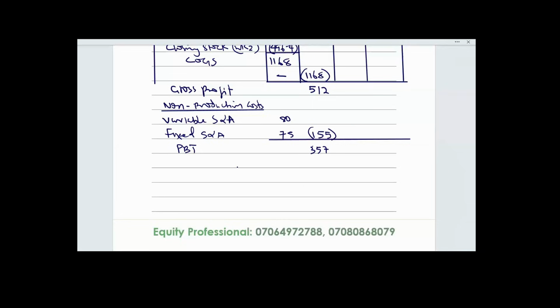In the question, we are given tax rate to be 40%. So I would then say income tax, which is profit before tax of 357 multiplied by a tax rate of 40%. Give it to me.